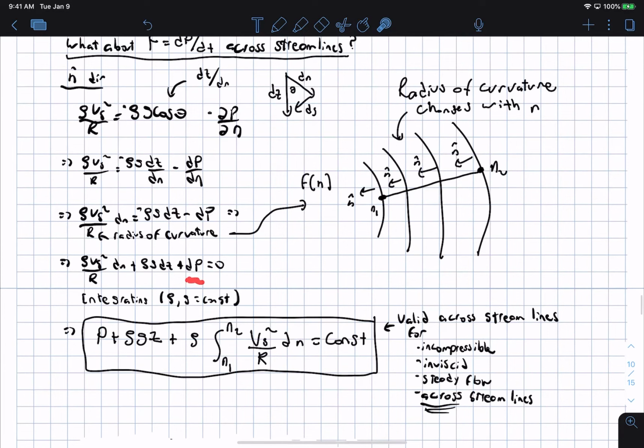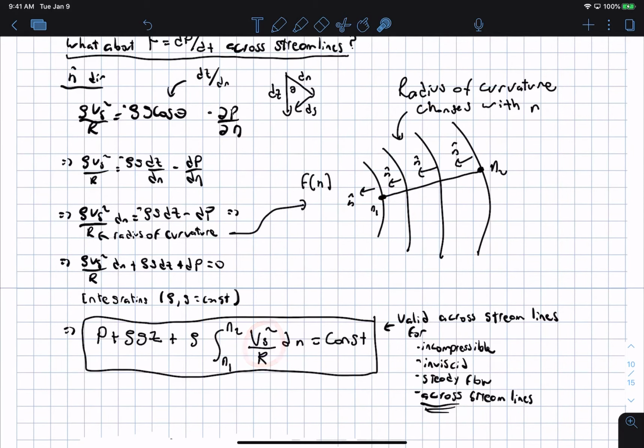Essentially what this says is we just integrate this. We have a perfect derivative for p, so the integral of that's just p. If rho g is constant, we have a perfect derivative for this term here. And this term here we actually have to integrate, but if we assume rho and g are constant, we can pull out the density and just integrate this between two different points across streamlines.